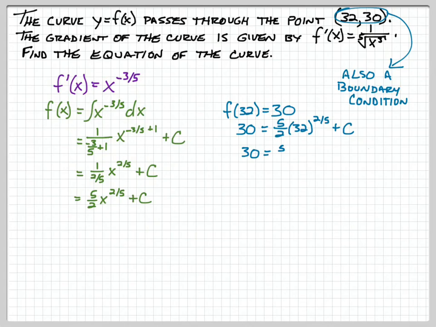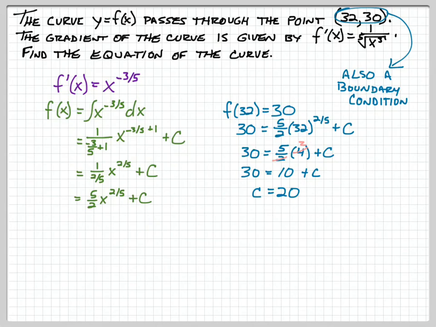Let's see, the fifth root of 32 is 2, 2 squared is 4, so we have 4 plus c. Simplifying, we get 30 equals 10 plus c, so c is going to equal 20.